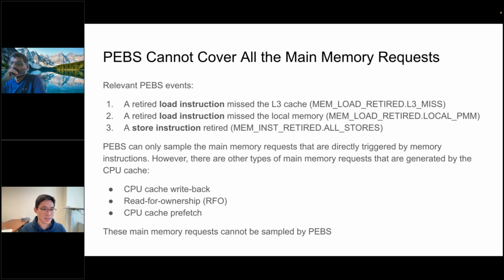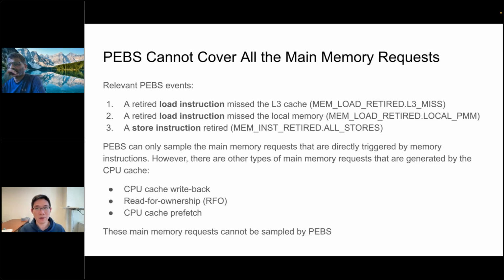So the problem is PAPS can only sample the main memory requests that are directly triggered by memory instructions. However, there are other types of main memory requests that are not directly triggered by instructions. Instead, they are generated by the CPU cache. For example, we have CPU cache write-back, CPU cache prefetch, and read for ownership.